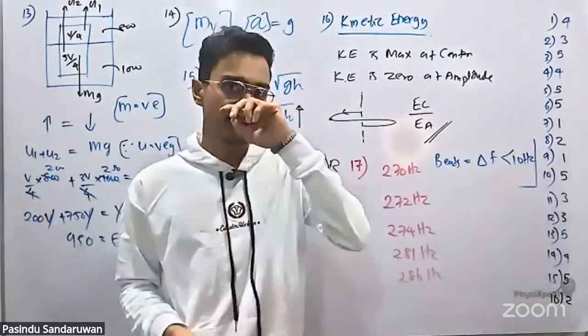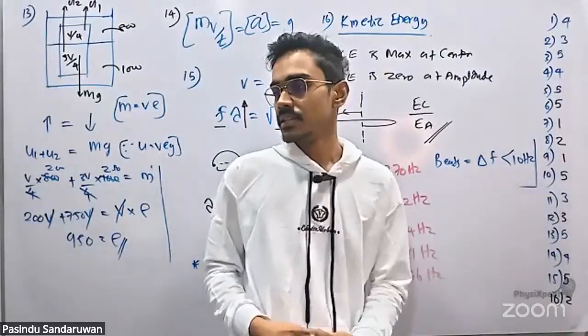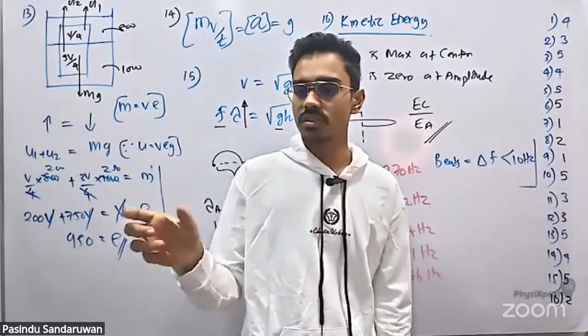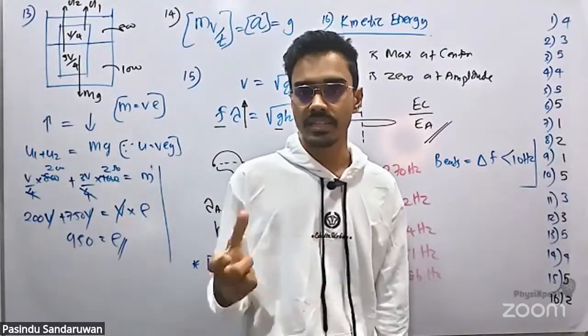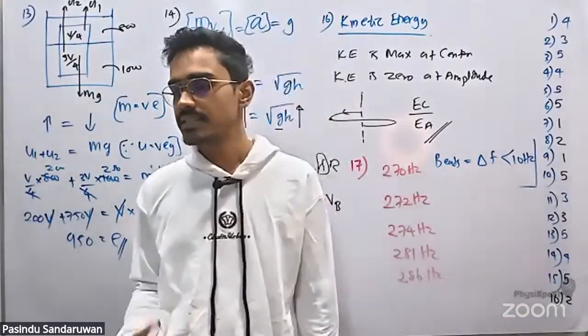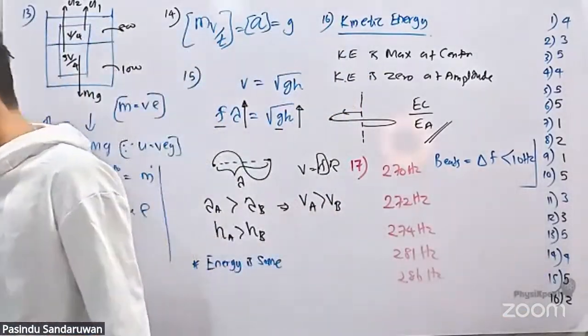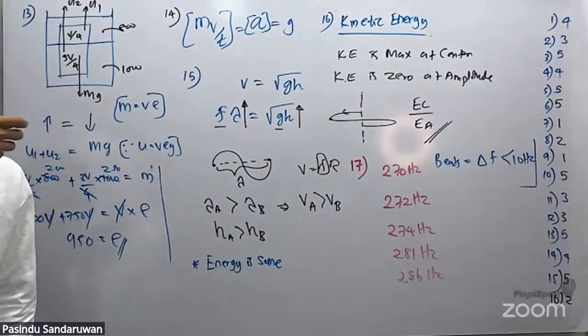Then count the ways that you can choose any two tuning forks from here such that the difference is less than 10. That's the argument here.